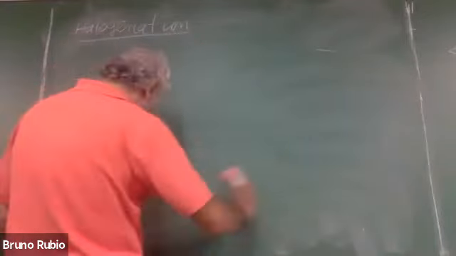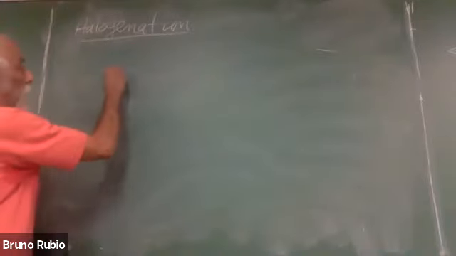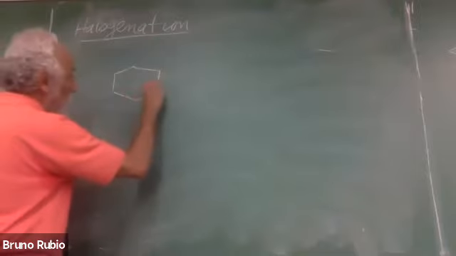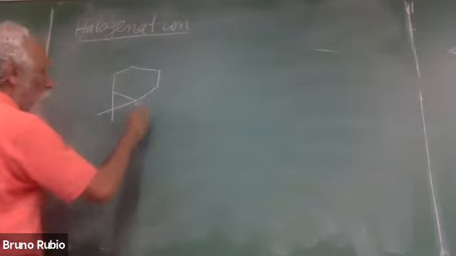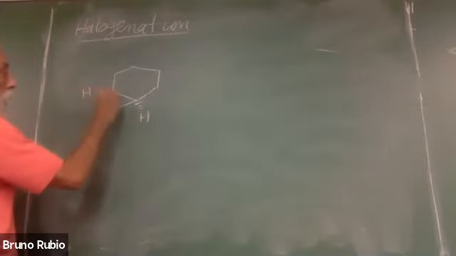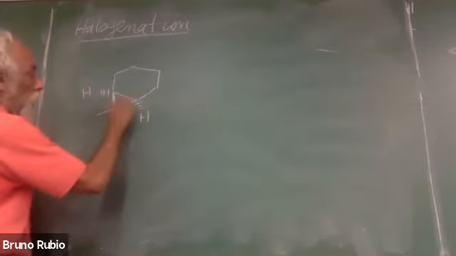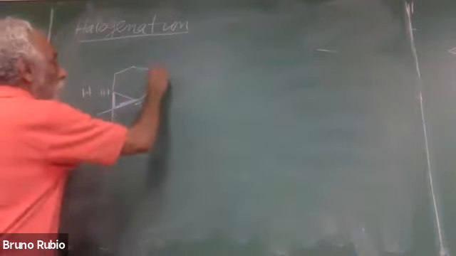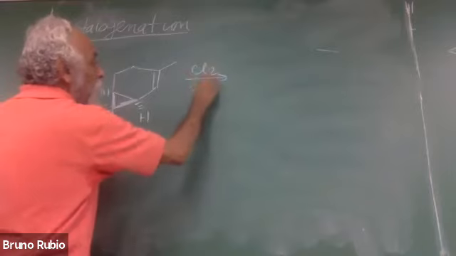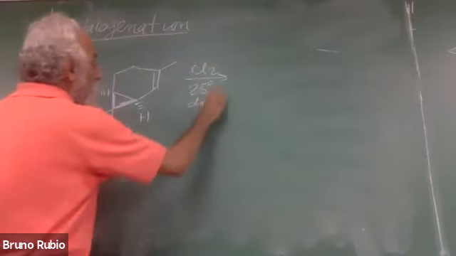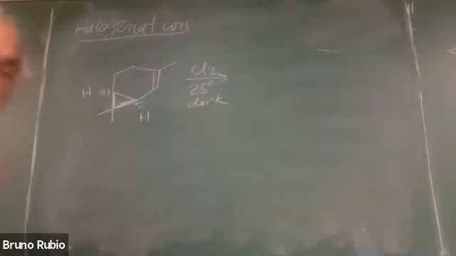Let's do some product prediction. Cl2, 25 degrees, dark. Draw the structure of the product.